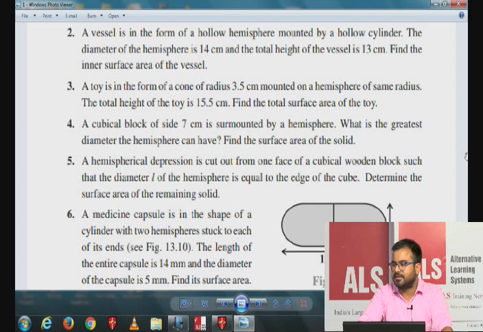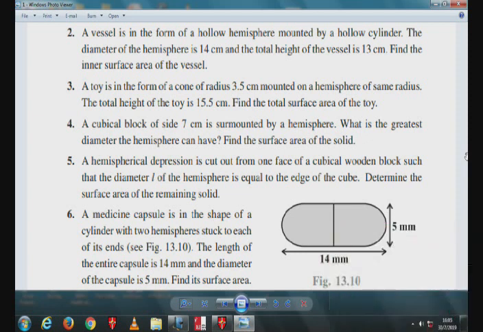Sisipur Center, Tamenglong. I hope you remember the formulas we have written.